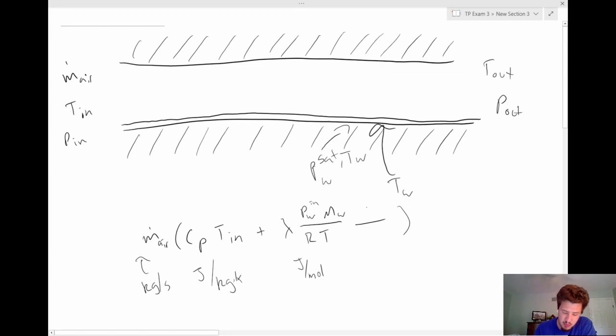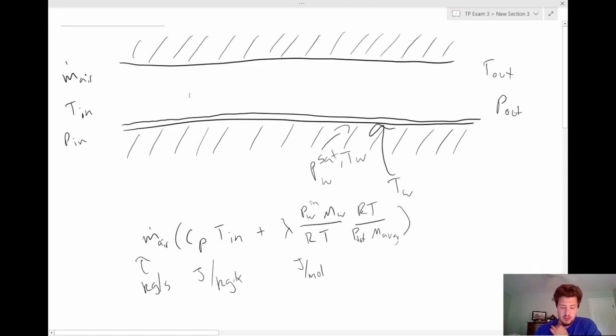Now, when we multiply this by its inverse, we will have to equate the total pressure in this case, so that we can negate the partial pressure in. And we will multiply this by the average molecular weight, because we know that the molecular weight will be a mixture of dry and moist air.